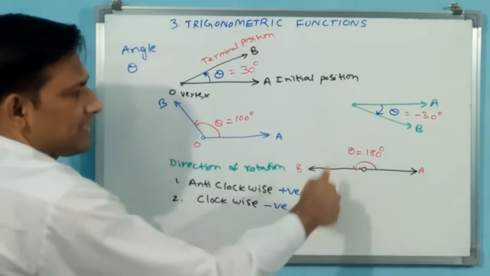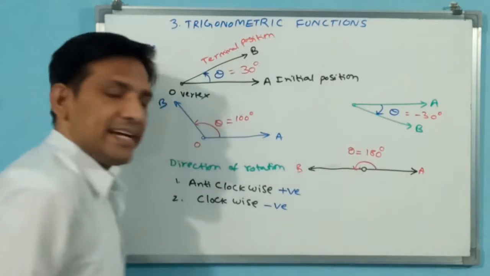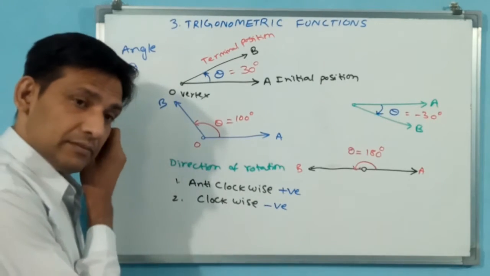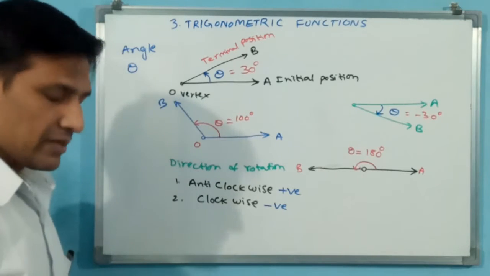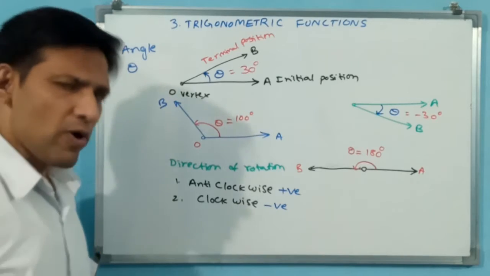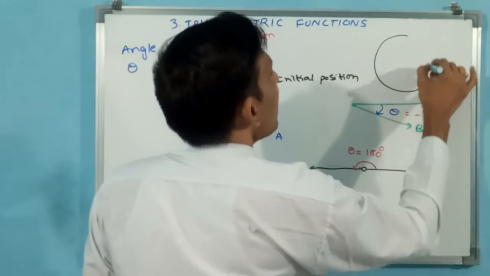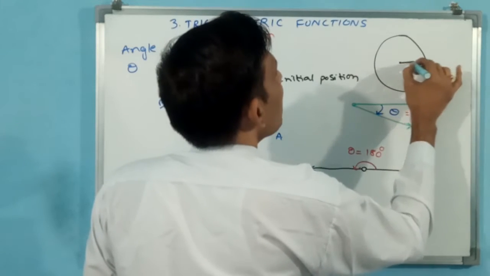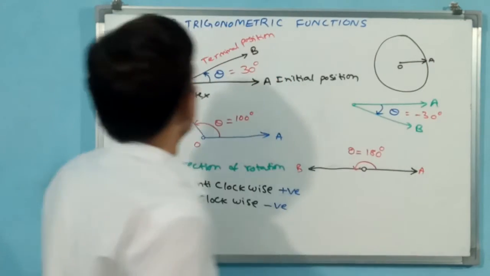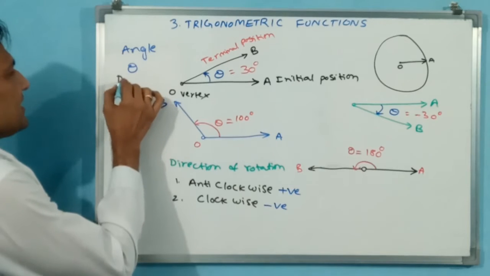Because you see, the angle is rotated anti-clockwise. Okay. If it is a straight line, then 180 degrees. How it has come, I will tell you afterwards. Or let us first see theta, angle measurement. How we have taken degrees. Okay. Now see theta, angle theta in degrees.